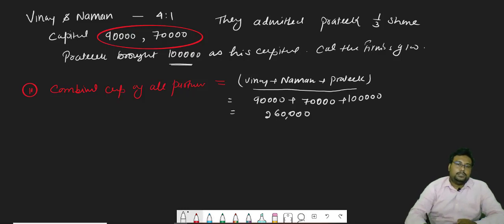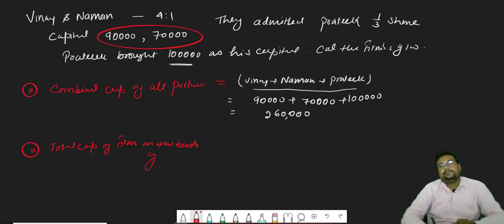Now step number 3: total capital of firm on the basis of new partner. It is advisable that you learn the steps.